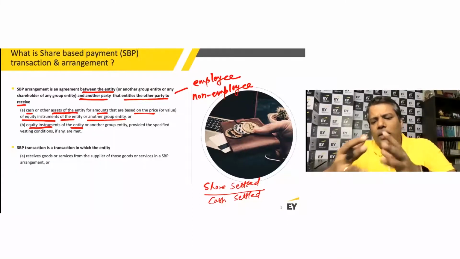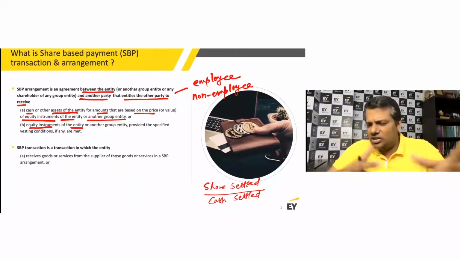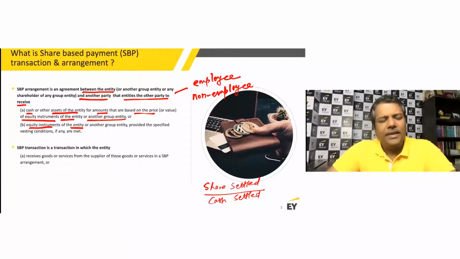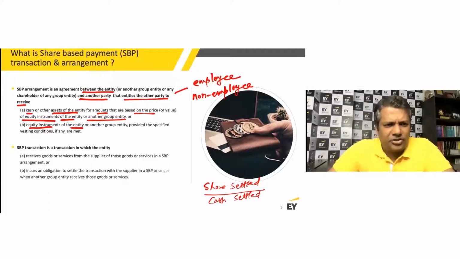Both parties enter into this transaction in which I will do the advertisement for you, and you in exchange, since you don't have money, which is fine with me, I will take stock in your company, and if the company does well, I will make money by way of appreciation of shares. So that's another kind of arrangement we see.